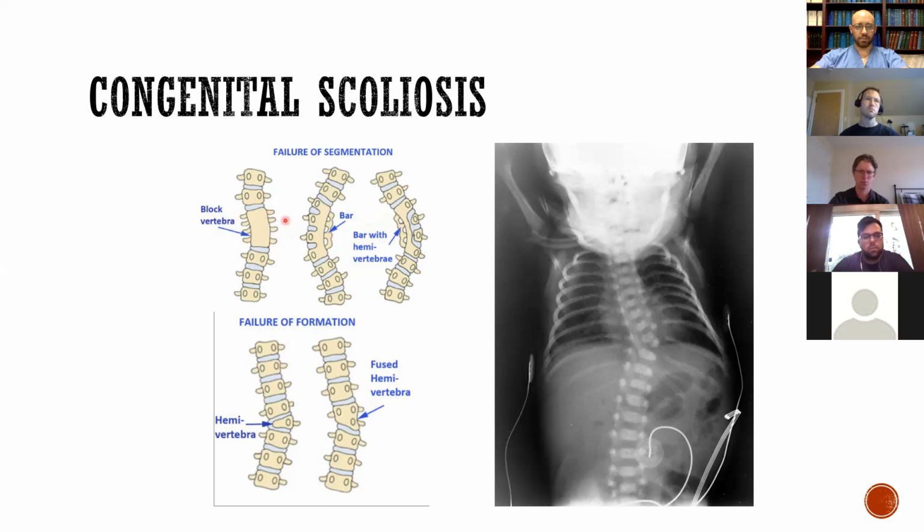You can have the whole vertebra fused like that, or you can have half of it, or a combination. Or you can have a hemivertebra, which is only half of a vertebra, or you can have fused hemivertebra with a bar.